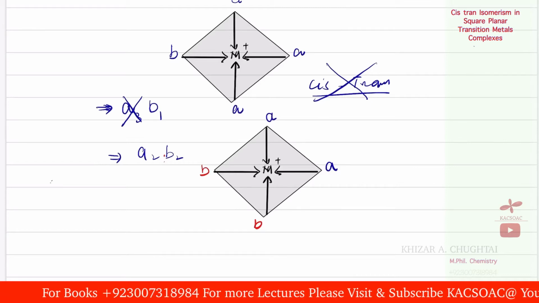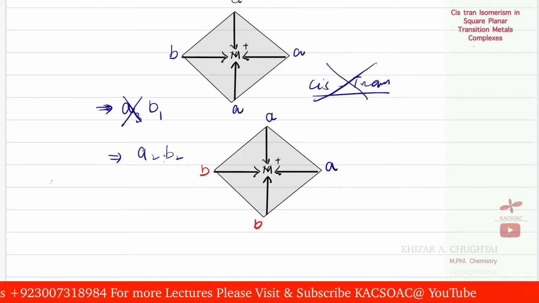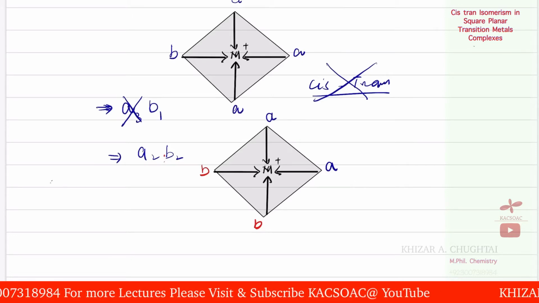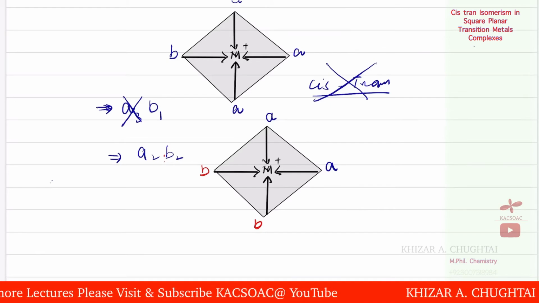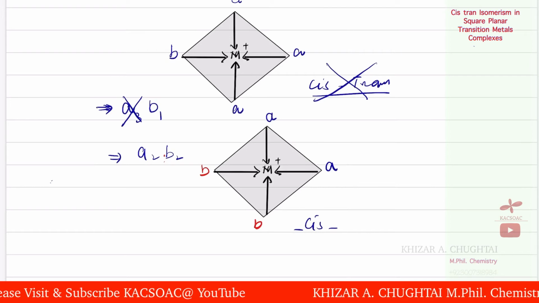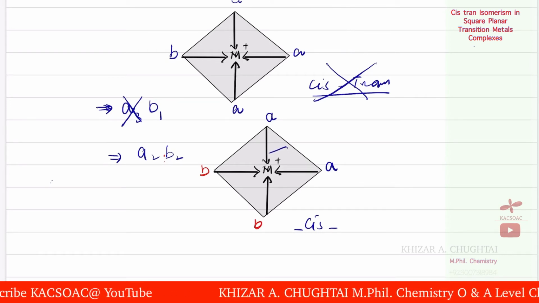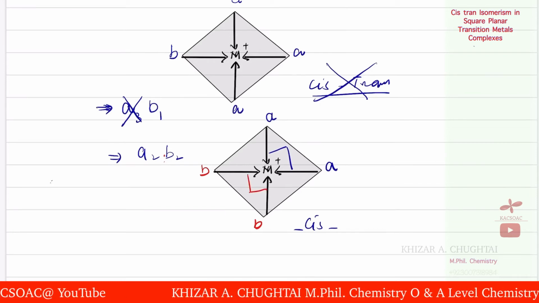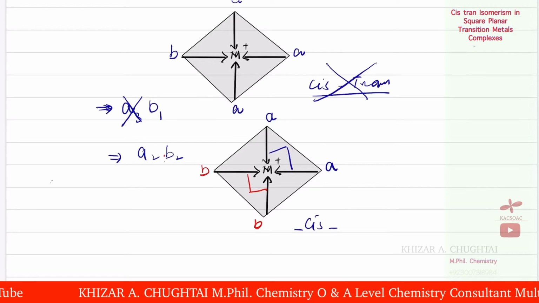At the moment, this complex, which contains 2 A at adjacent positions and 2 B at adjacent positions, is basically showing cis isomerism. Its nature of isomerism is cis. How? There is a 90-degree bond angle between the similar ligands or similar donor atoms.